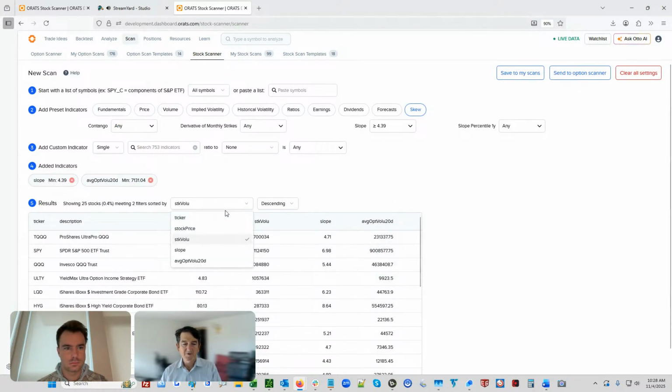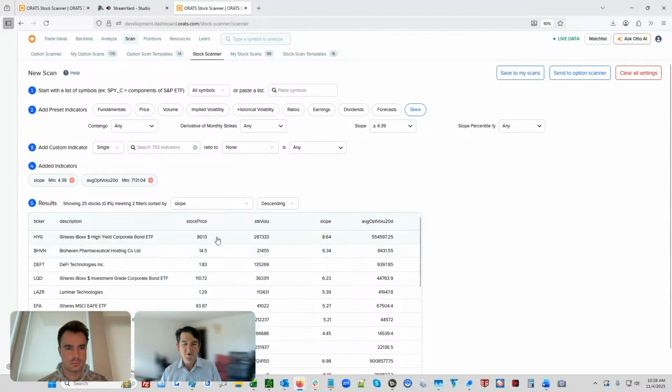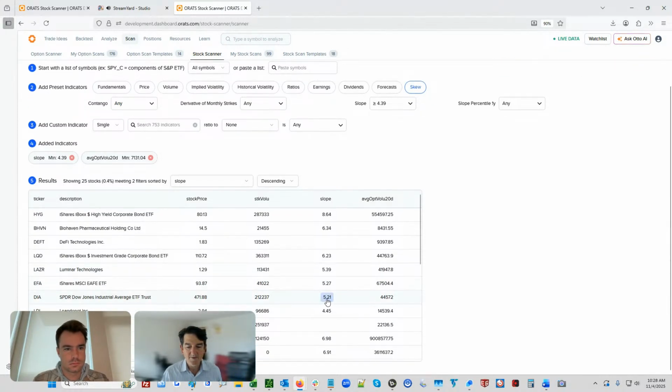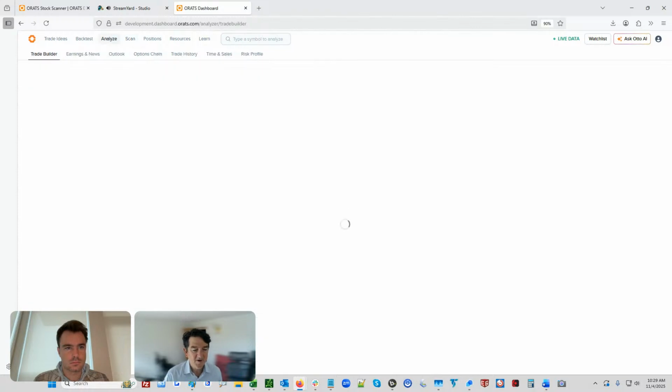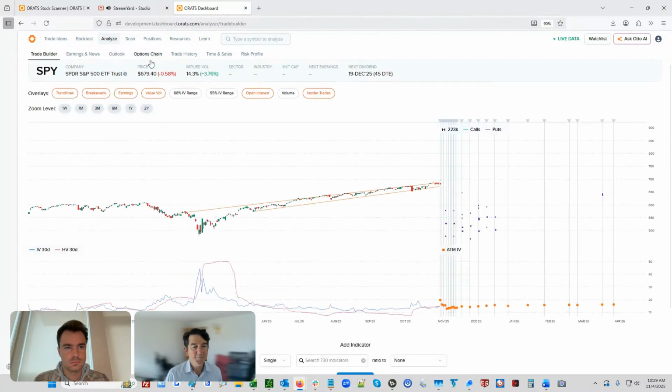We'll sort it by the slope. HYG is the steepest. EFA is pretty steep. Diamonds are steep. And there's SPY. The SPY is at 7%, which is typically quite steep for the SPY. And we could add slope here.